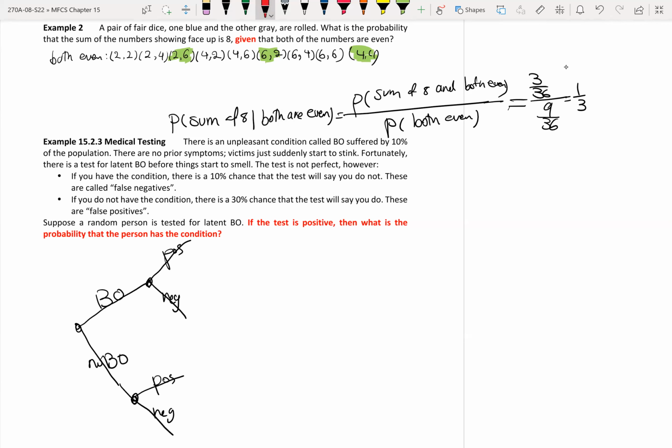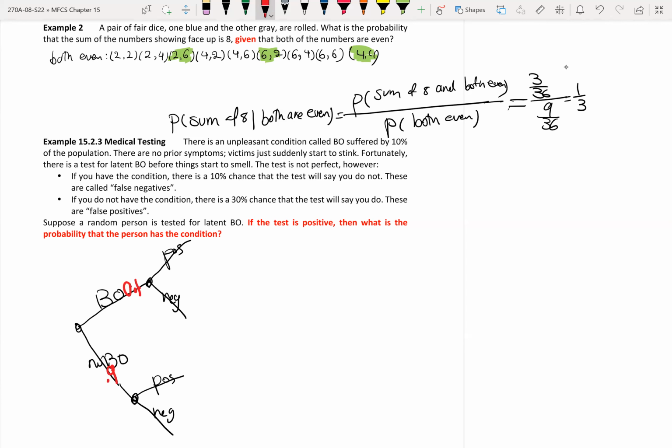Can you give me my numbers? What is the chance to be sick? 10%. So not to be sick is 90%.